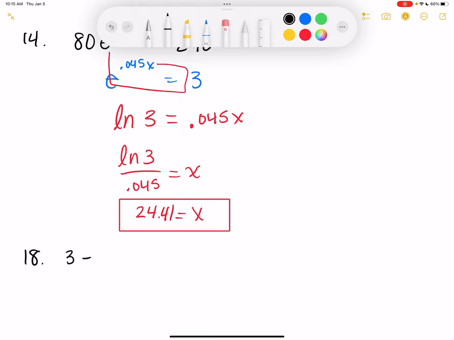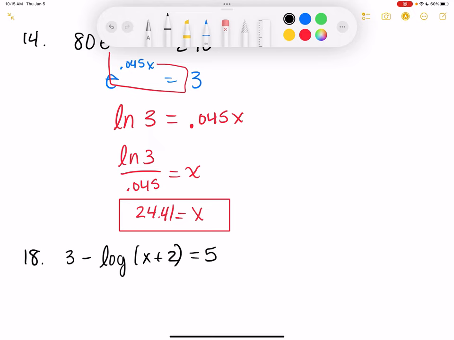18. 3 minus log of x plus 2 is equal to 5. Is it a negative log? You can have negative outside, but you can't have it in. Your answer inside cannot be negative.